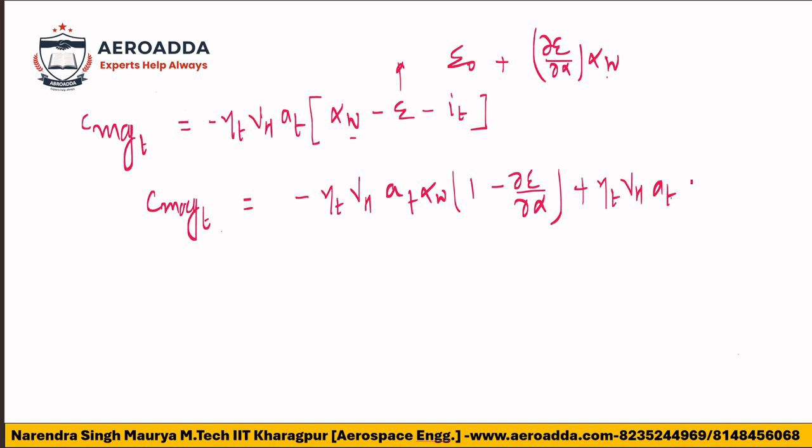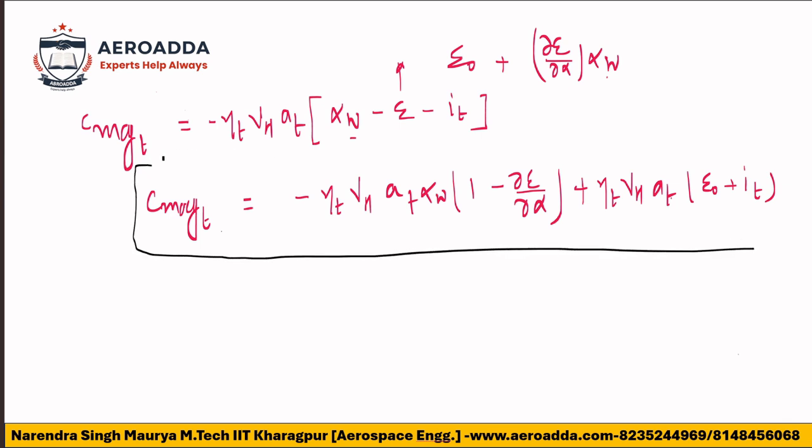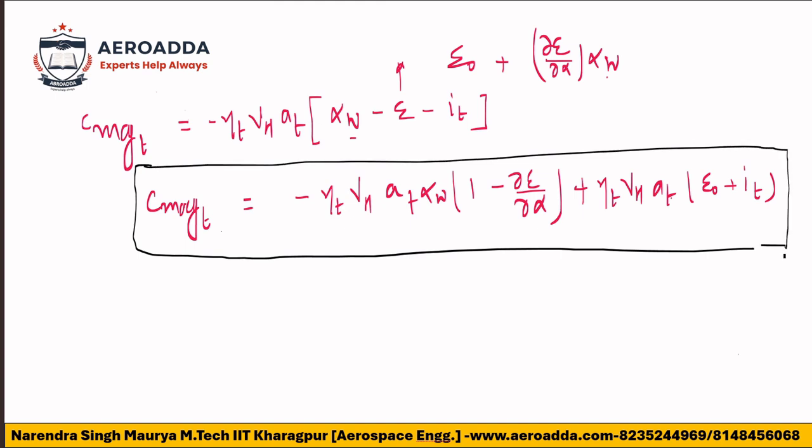So here in the bracket you will have epsilon naught plus IT. Please check the steps. Okay, you do it. So this is the one final expression you got here. Everybody will solve the problem also, so you will understand how that data will be given to you for the calculation. But remember, this is the tail contribution.